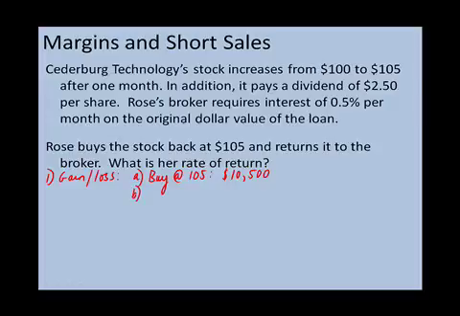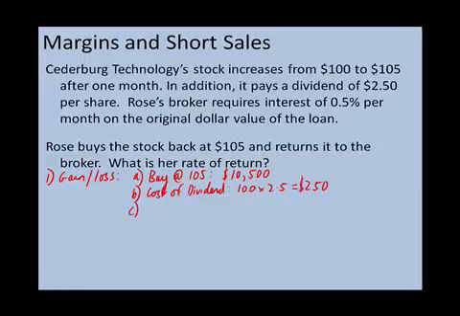She also has to consider the cost of the dividend, because while Rose had borrowed the stocks from the broker, Cedarburg paid out a dividend of $2.50 per share. Because Rose borrowed the shares from the brokerage, she also has to pay them the dividend that they would have received. So she's going to have to pay 100 times $2.50, which is $250.